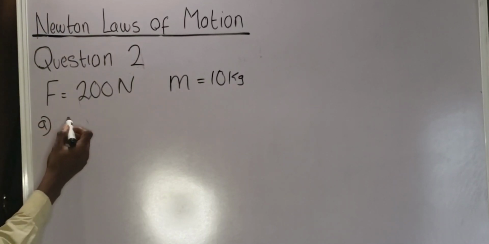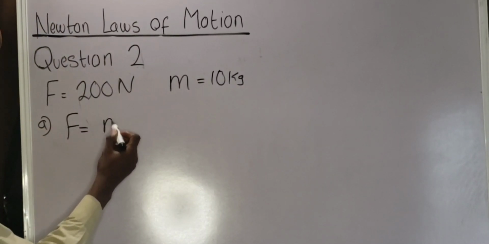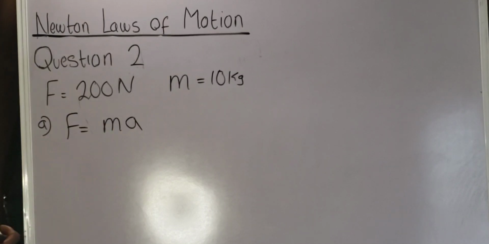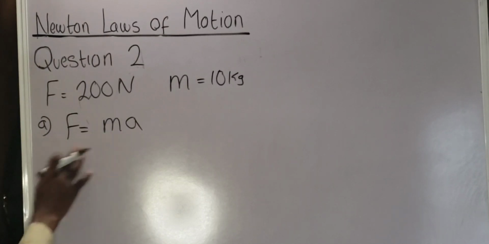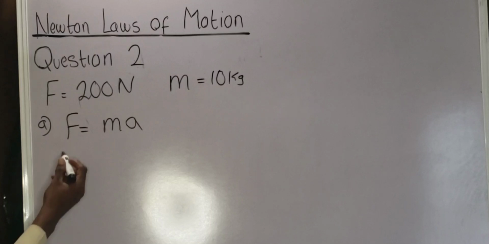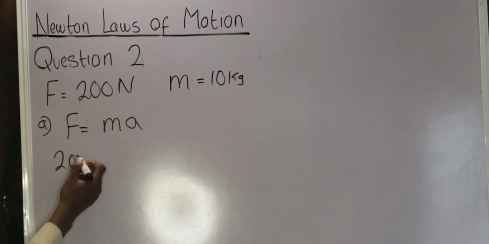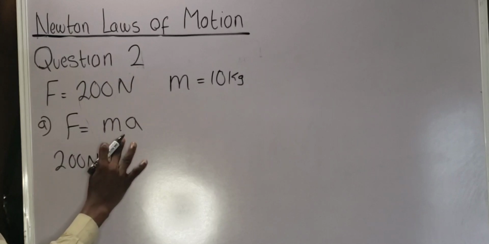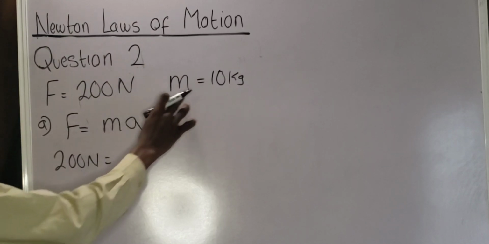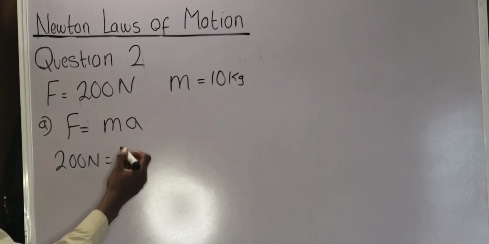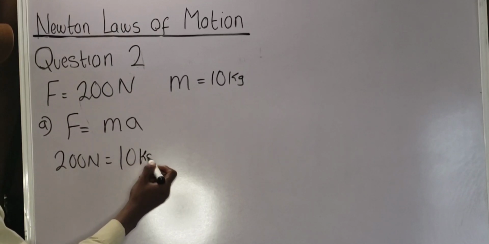Don't forget that force is expressed mathematically as the product of mass and acceleration, from Newton's second law of motion. We have been given that the force is 200 Newton. So I'm going to have 200 Newton equals mass, which is 10 kilogram, multiplied by a.